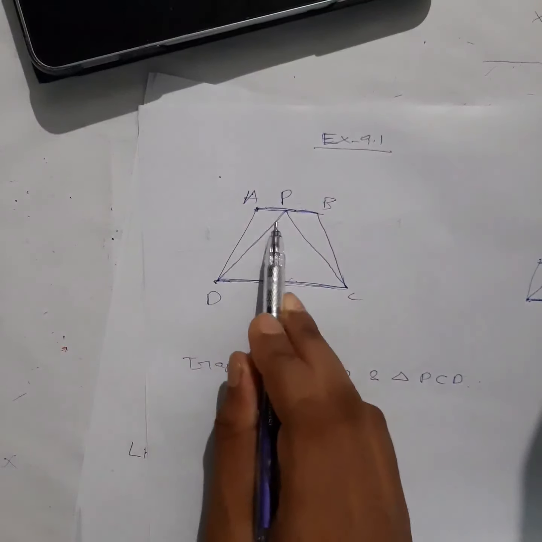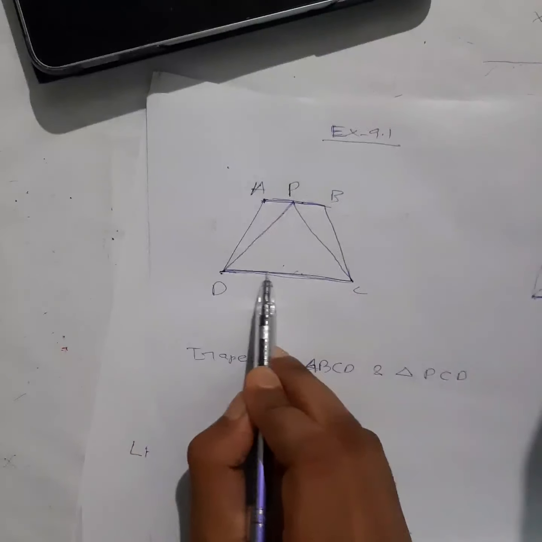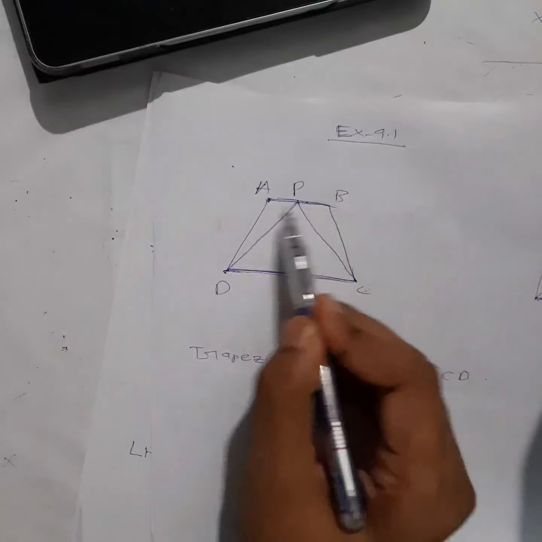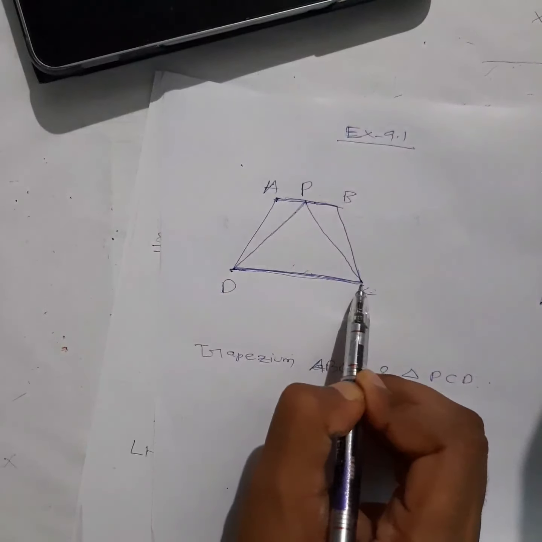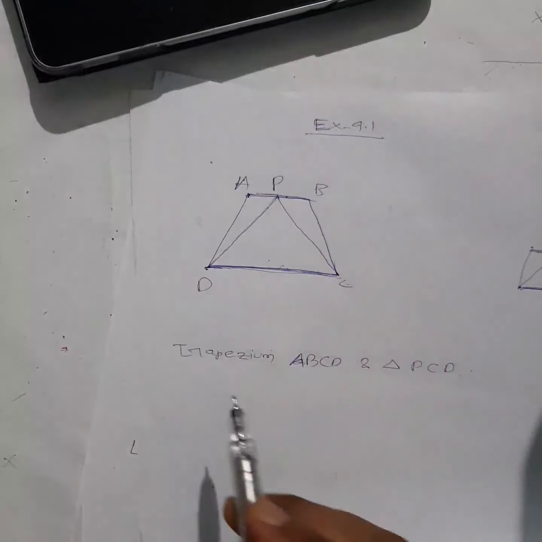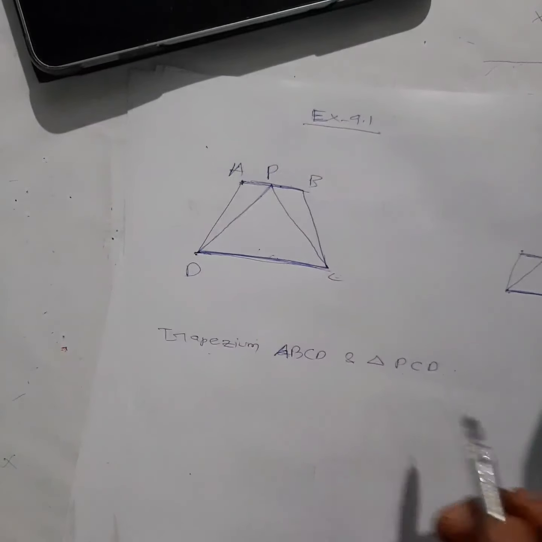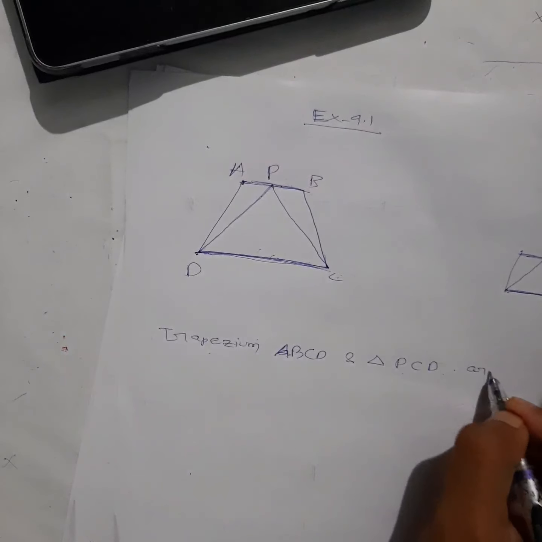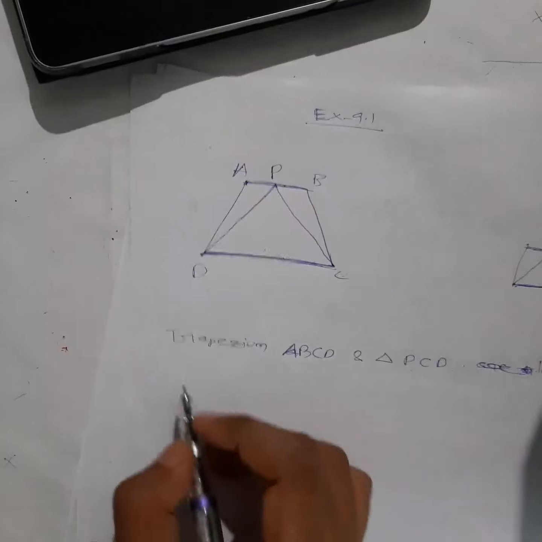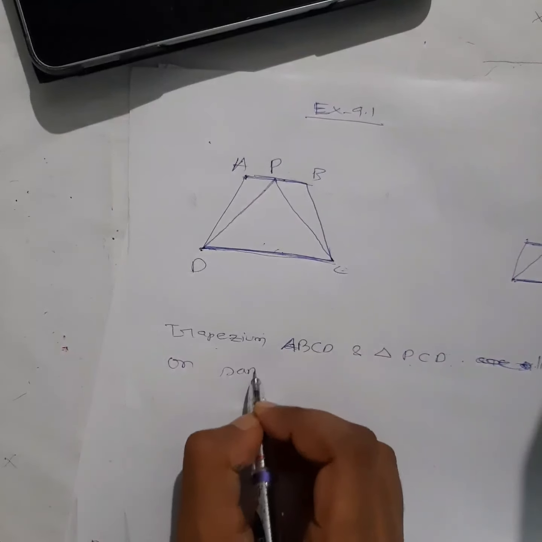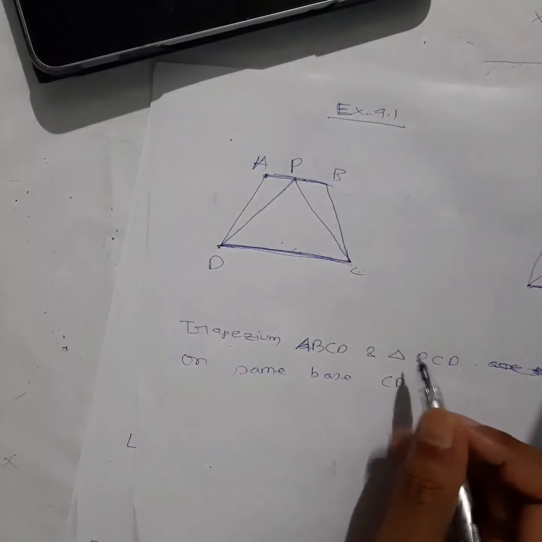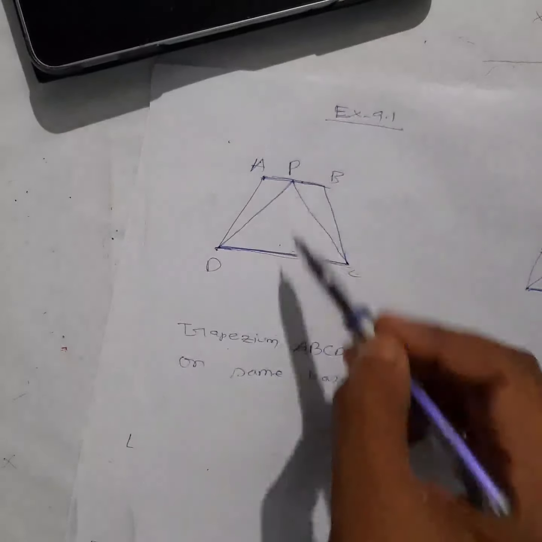For this triangle, which one is the base? CD is the base. And for this quadrilateral or trapezium, which one is the base? Again CD is the base. So CD is the common base for the triangle as well as the trapezium. So trapezium ABCD and triangle PCD lie on the same base CD. Do they lie on the same parallel line?